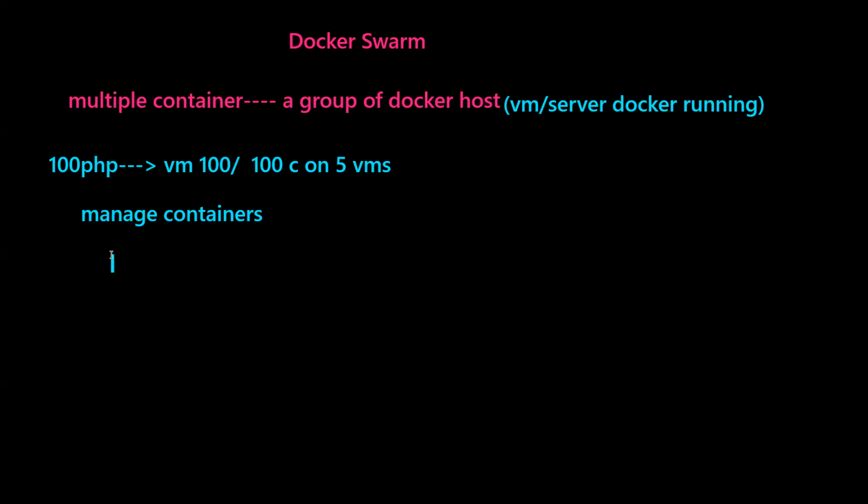Manage means, let's suppose you want to run 5 containers, right? And let's say these 5 containers are distributed across 2 Docker hosts. Here, Docker host, not VM, because VM is just a normal server, right? But a Docker host is a VM where Docker is running.